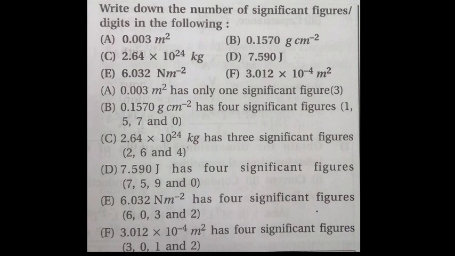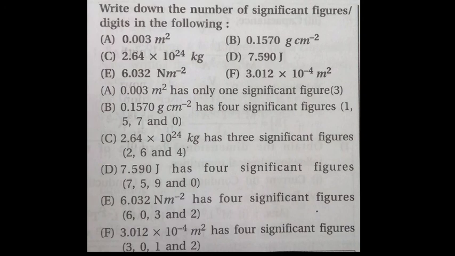So the solution: first, 0.003 meter square has only one significant figure, that is 3. Second, 0.1570 gram per centimeter square has 4 significant figures, that is 1, 5, 7 and 0. Third, 2.64 into 10 raised to 24 kilogram has only 3 significant figures, that is 2, 6 and 4. Fourth, 7.590 joule has 4 significant figures, 7, 5, 9 and 0, since it is greater than one.